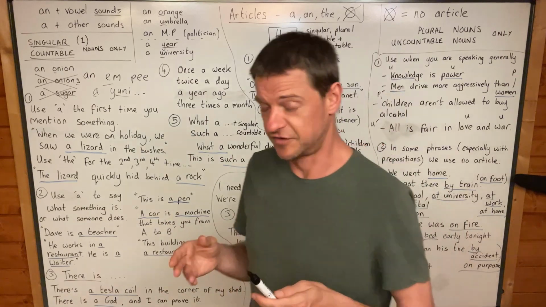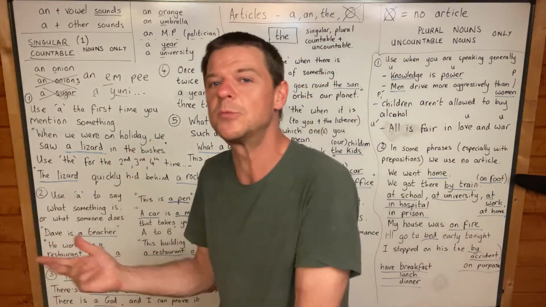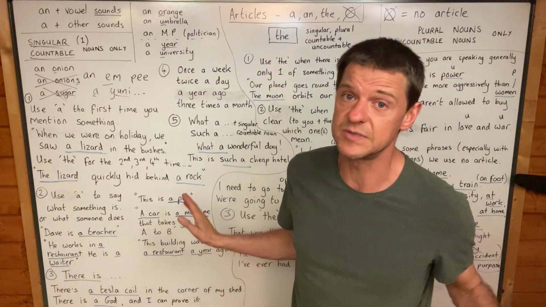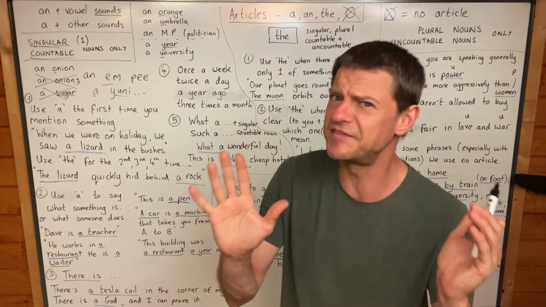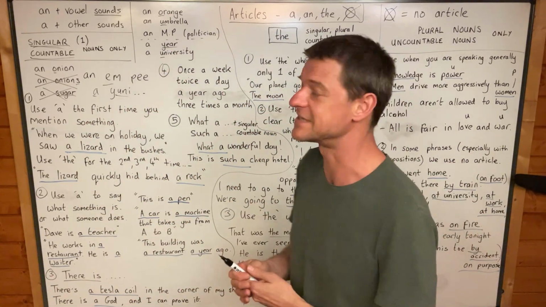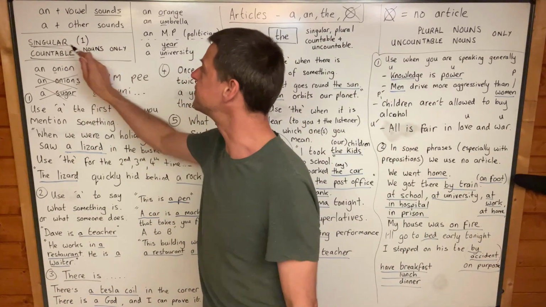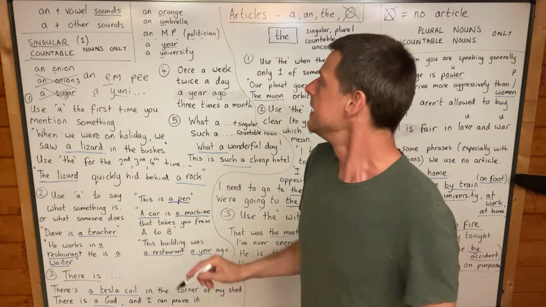You certainly can't say an information. Information is uncountable, so you can't put a or an before uncountable nouns, and you can't put them before plural nouns. I hope this is clear because it's very important, and that's why I'm repeating it a few times. A and an plus singular nouns and countable nouns only.